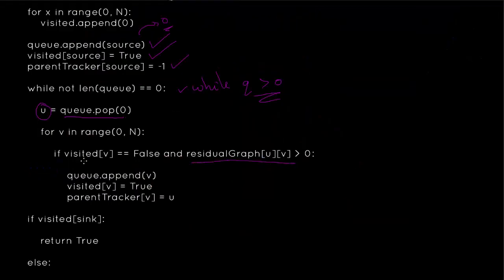We have done this before. It's just that now we're doing it with u and v. So if you find any which satisfy these conditions, add them to the queue, queue.append, make the visited array true, and put that parent value in there.